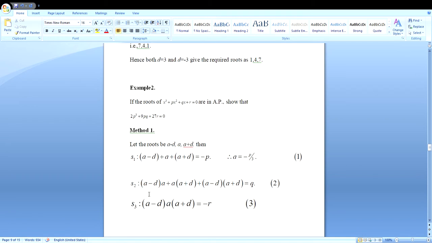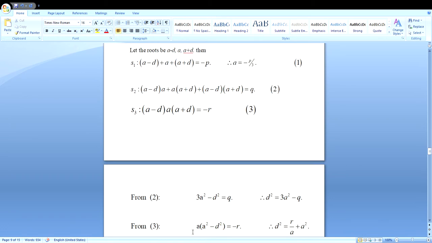Consider S2. S2 is taking two at a time: a minus d into a, plus a into a plus d, plus a minus d into a plus d, which is equal to q. And S3 is the product of the roots, a minus d into a into a plus d, which is minus r. From 2, multiplying this, we will get 3a square.